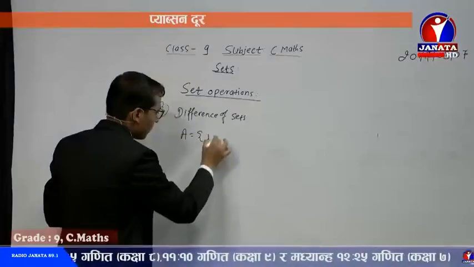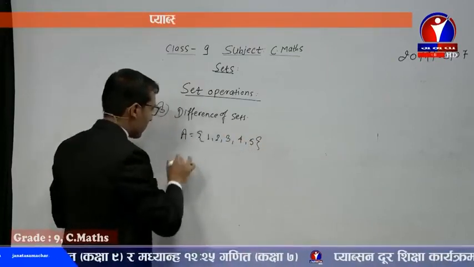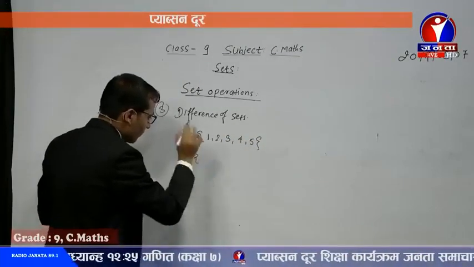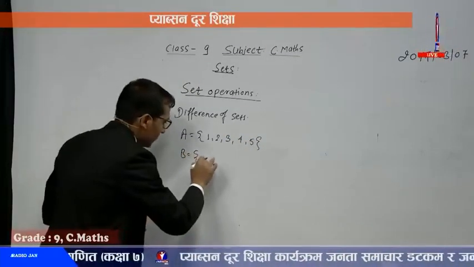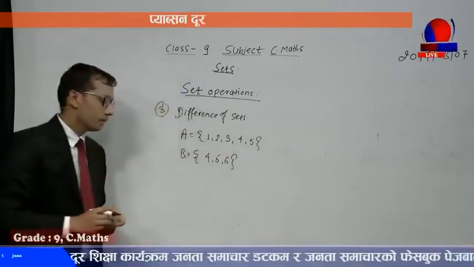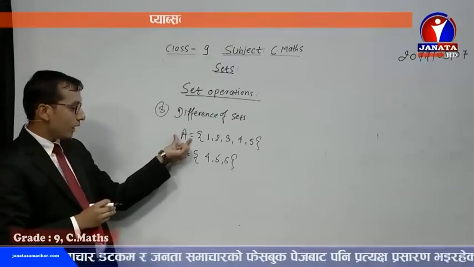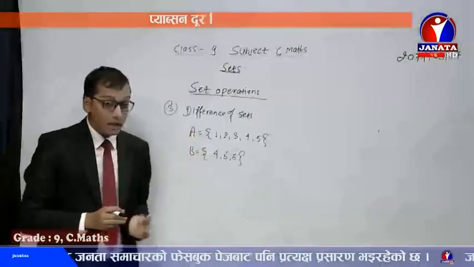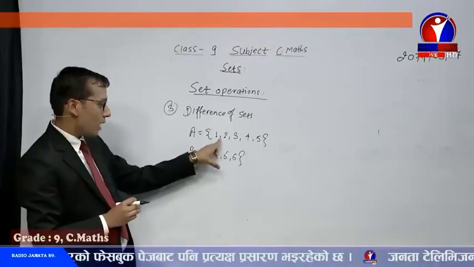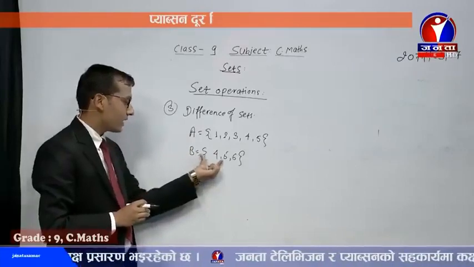A is 1, 2, 3, 4, 5. B is 4, 5, 6. Do we know what the cardinality of A is? The cardinal number is simply the total number of elements contained: 1, 2, 3, 4, 5. So n of A is 5, and n of B is 3.